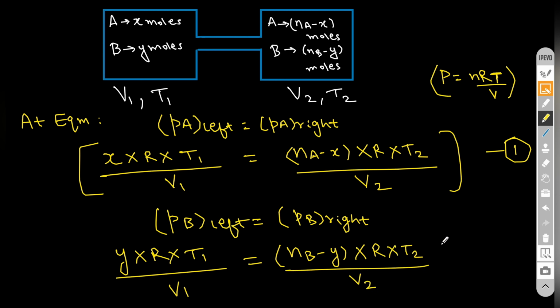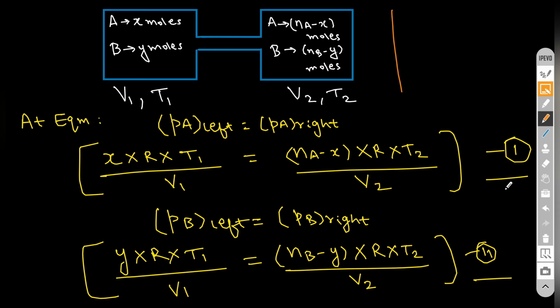So Nb minus Y multiplied by R multiplied by T2 divided by V2. These are the two equations. From equations 1 and 2, we'll obtain the values of X and Y, basically how many moles have been displaced after the valve has been removed.